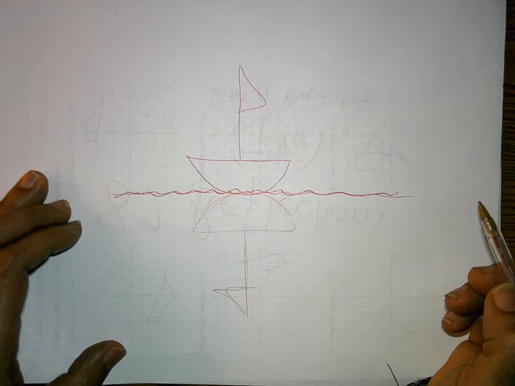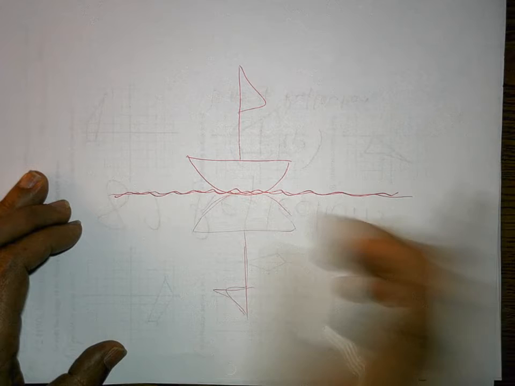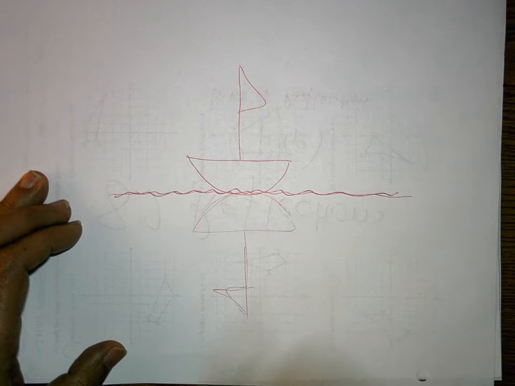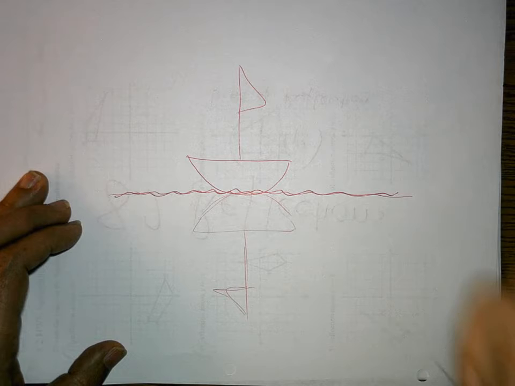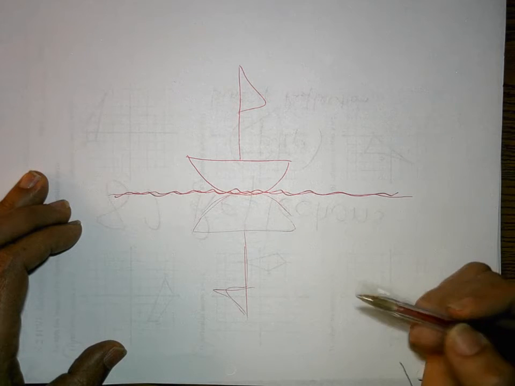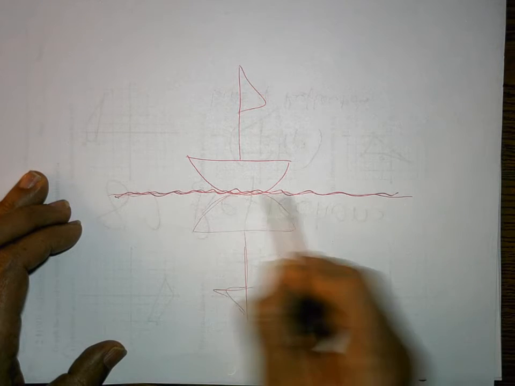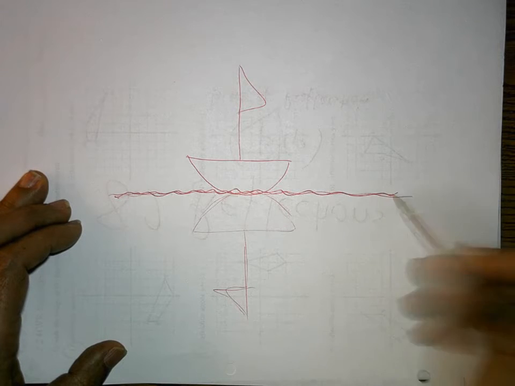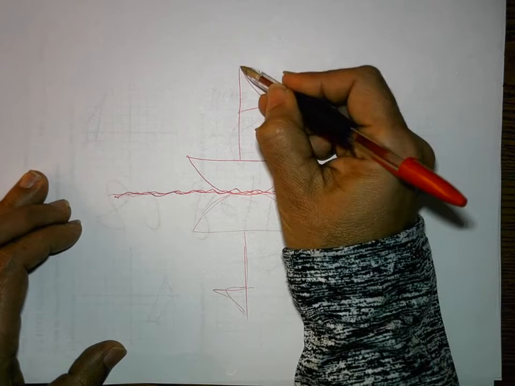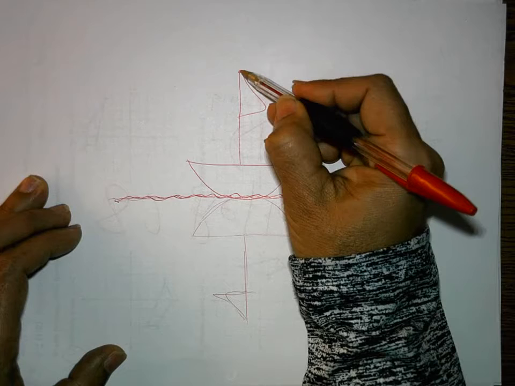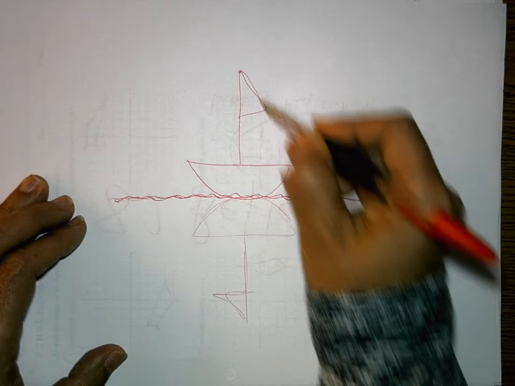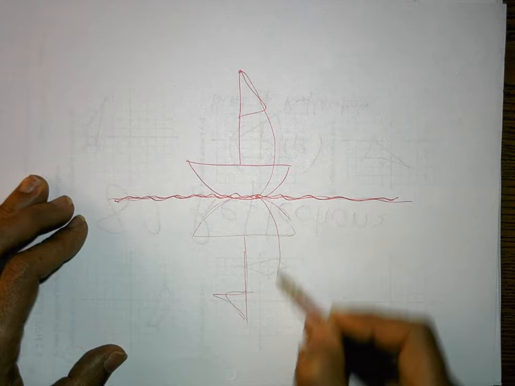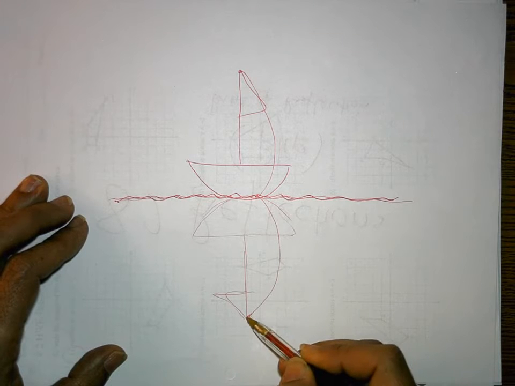Water is not the best example for me to use because it distorts the image a little bit, and in mathematics we do not distort. The image stays the same shape and the same size. But I want to point out that there's that line of reflection, and things are equidistant, okay? So the tip of the boat is the same distance to the line of reflection as the tip of the reflection, okay?